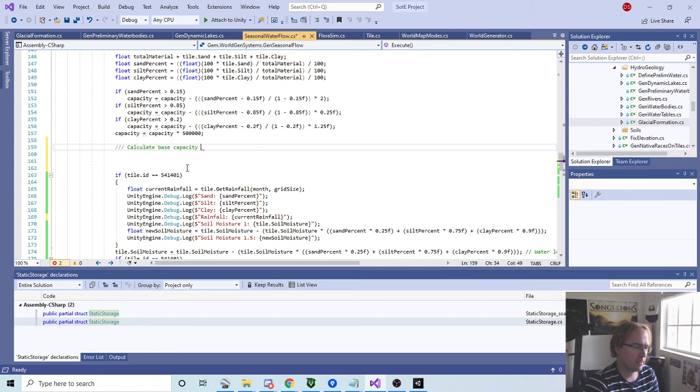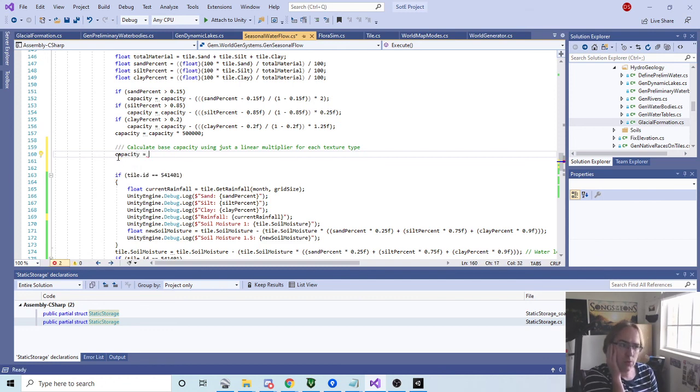Calculate base capacity using just a linear multiplier for each soil texture type. So it really should just be capacity.